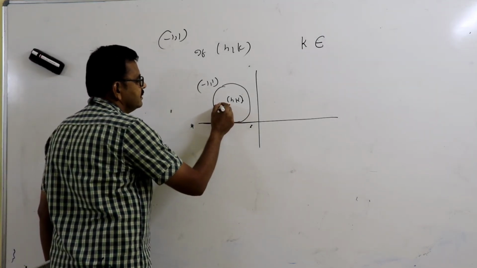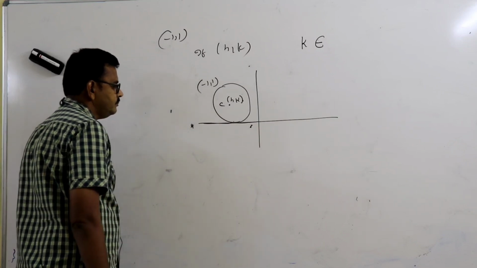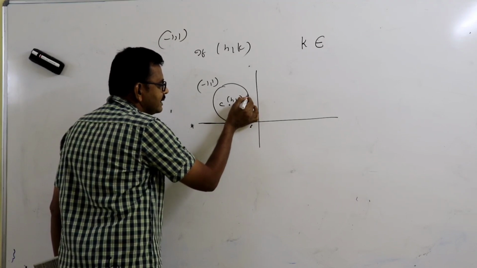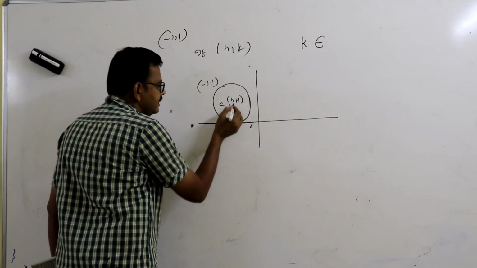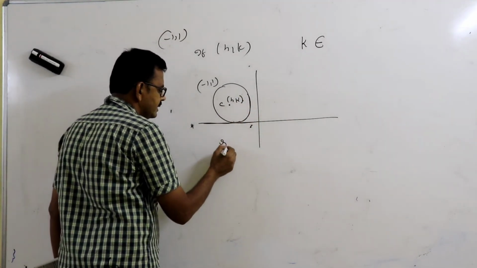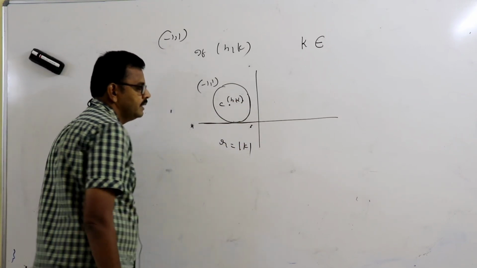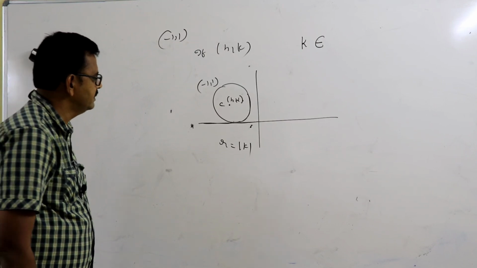The center is (h, k). If the circle touches the x-axis, its radius is equal to the y coordinate of the center. Radius is equal to the y coordinate of the center.